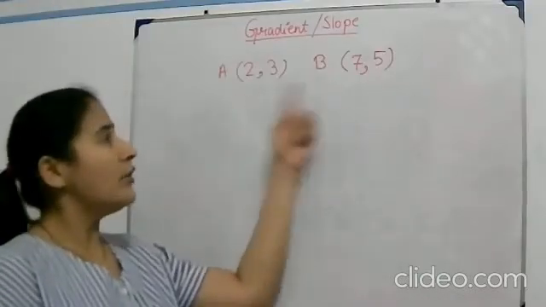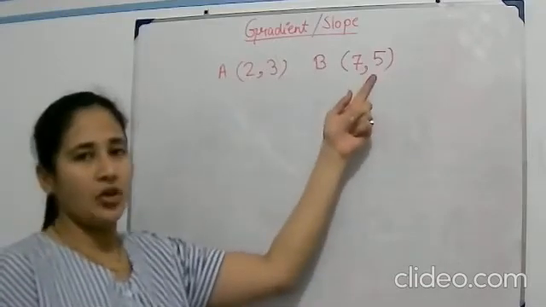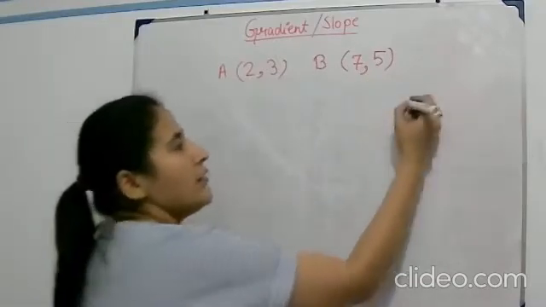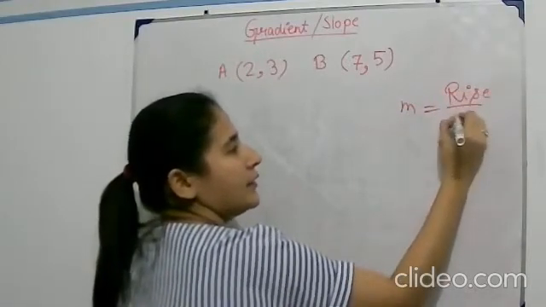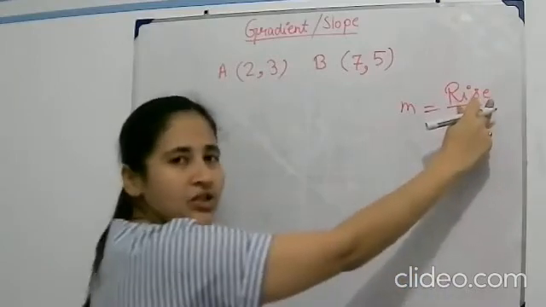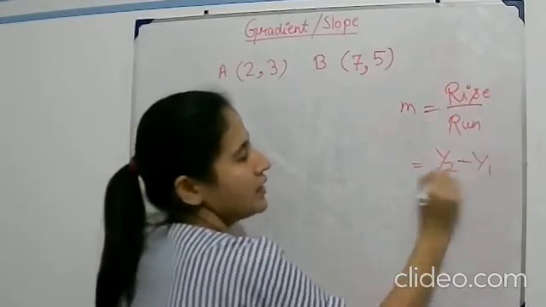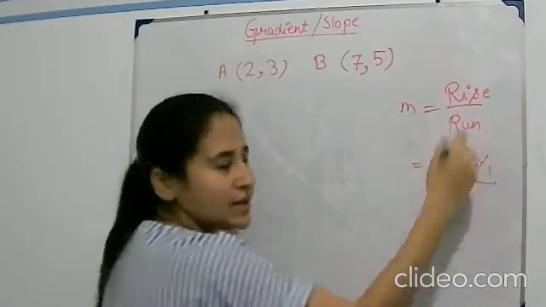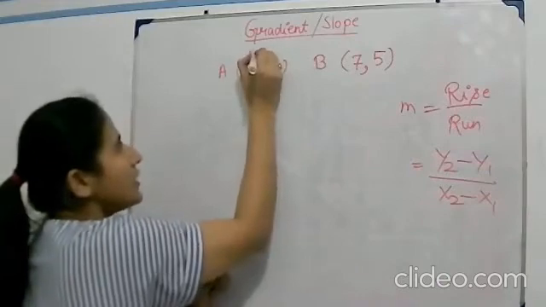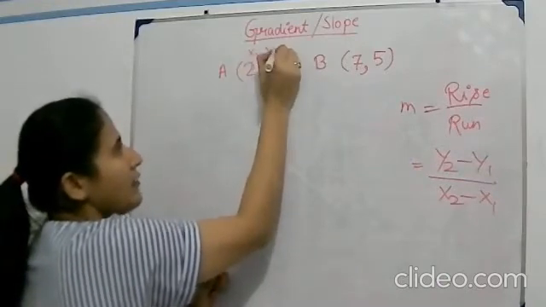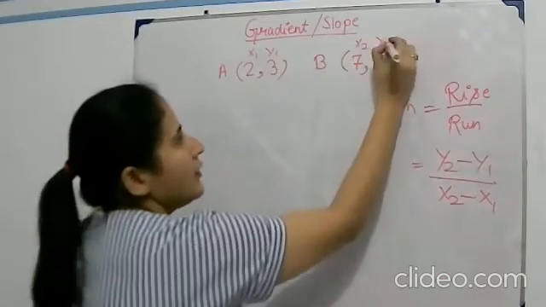Coordinates are given of line AB. A is (2, 3) and B is (7, 5). The formula is rise by run. Rise is the change in the y-axis, so we can say y2 minus y1, and run is the change in the x-axis, so we can say x2 minus x1. It is x1, y1, x2 and y2.